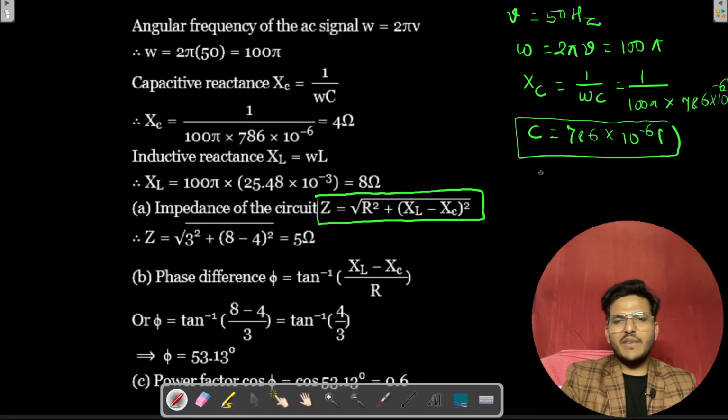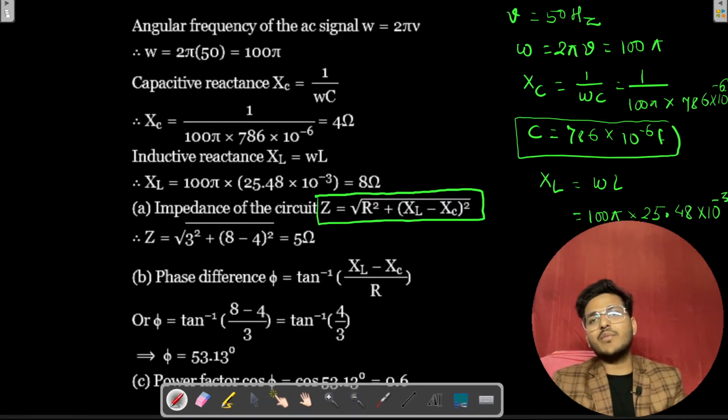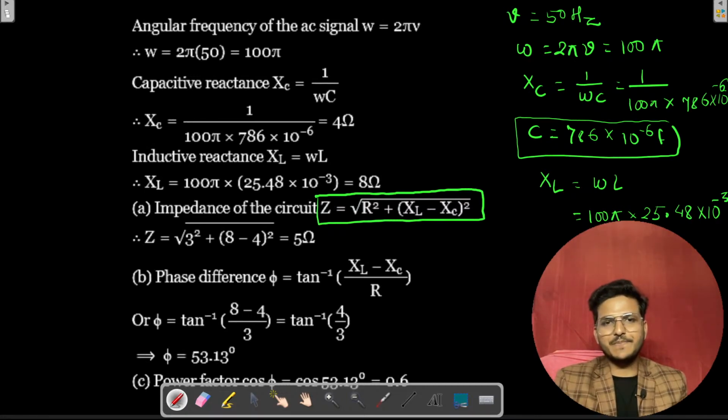In the same way, XL equals omega L. Omega is 100 pi, and the value of L is given as 25.48 millihenry, so using 10 to the power minus 3 for converting into Henry. So just put it here: square root of 3 square plus (8 minus 4) square, that is 5 ohm.